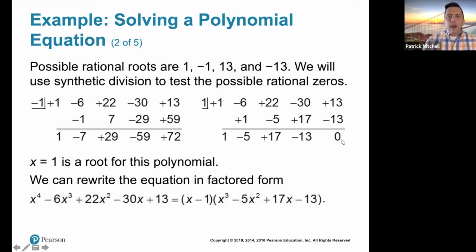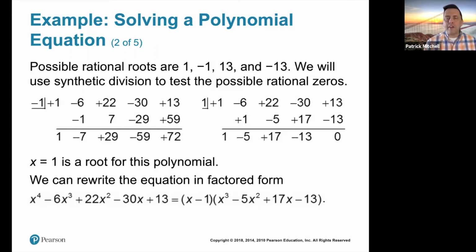Okay, so that means that this polynomial factors into x minus 1 times x cubed minus 5x squared plus 17x minus 13.